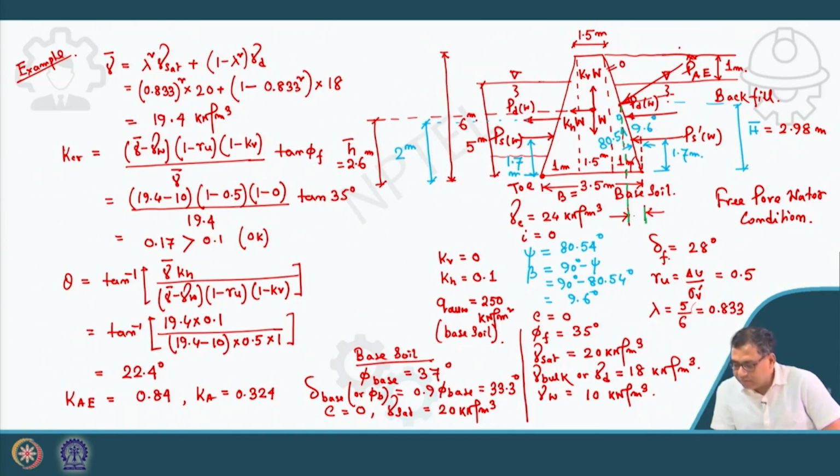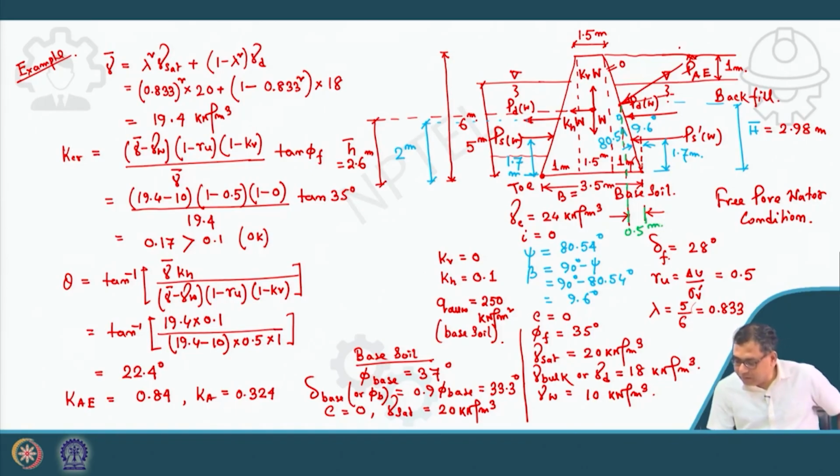So, I can calculate this one. This value is coming out to be 0.5 meter. You can calculate that. Okay. So, that is coming out to be 0.5 meter.